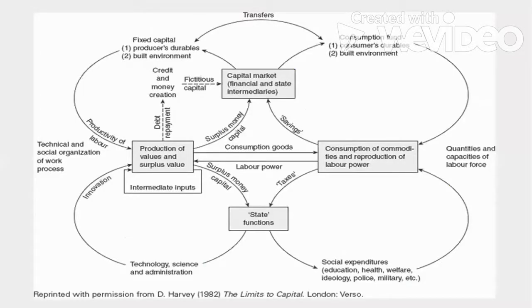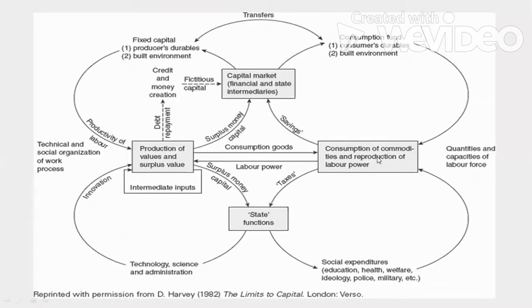Now this is the circuit diagram. Over here, as you are seeing, the fixed capital that I have told you about. Through production, when it is going to fixed capital, a part of it goes to the consumption fund.